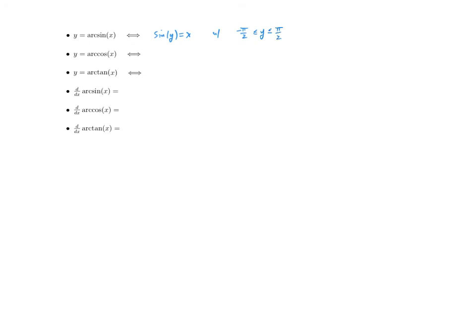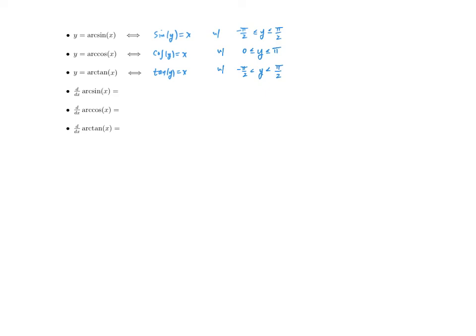For arc cosine, we say y equals arc cosine of x is true whenever cosine of y equals x, and we have this restriction that the y value is between 0 and pi. And as we defined a moment ago, for arctangent, we would need tangent of y equals x, and that y value to lie between those 2 vertical asymptotes that restrict tangent to force it to be 1 to 1.